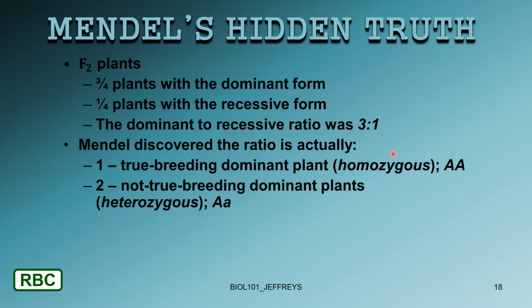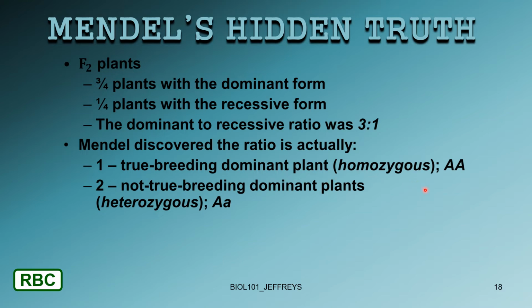So true breeding dominant would be big A, and not true breeding dominant plants. Okay, true breeding, two big A's. Not true breeding, we call those heterozygous. See, hetero means different. Homo means the same.